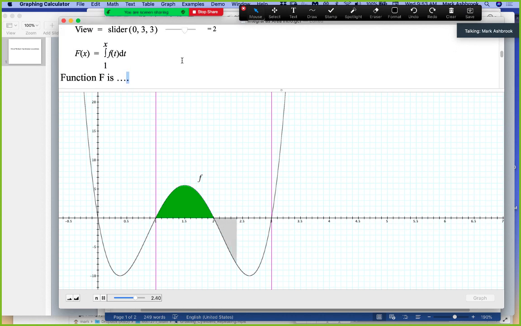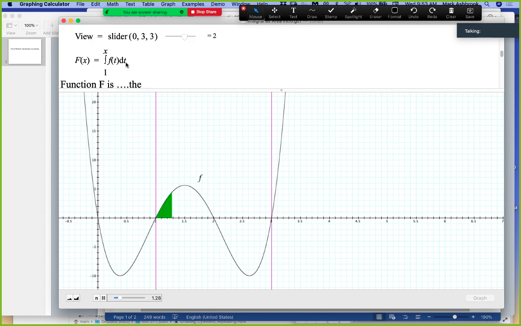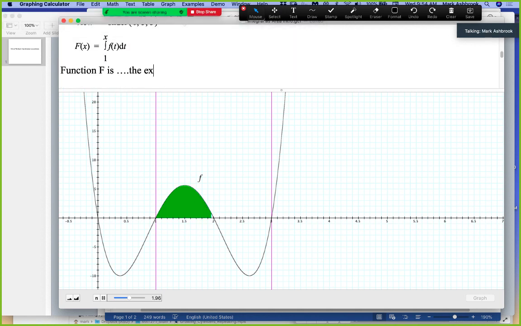And hopefully you're thinking that the function F is the exact net accumulation of what? Of what quantity? Function t, or f of t. So it's the accumulation of function f. It's the accumulation of these function values. Of the area. Okay, is that different? Are you changing your answer?